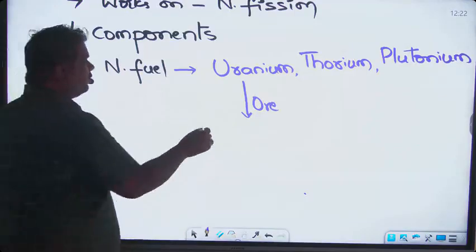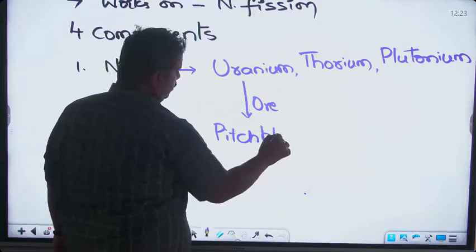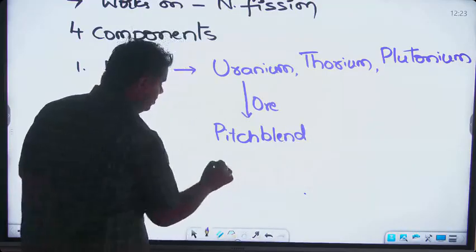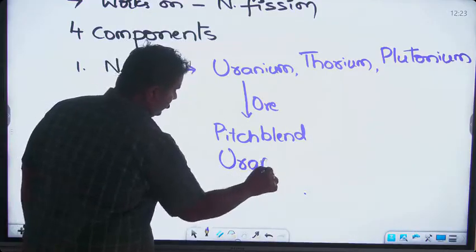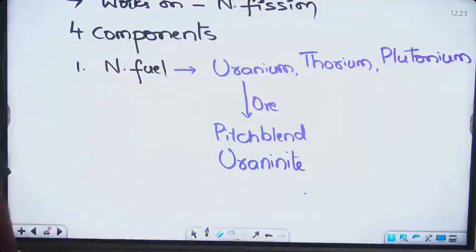The ore of uranium is pitch blende, or you have one more, that is uraninite. The ore of uranium: pitch blende or uraninite.